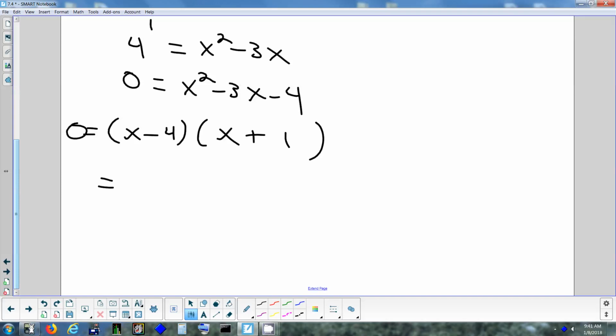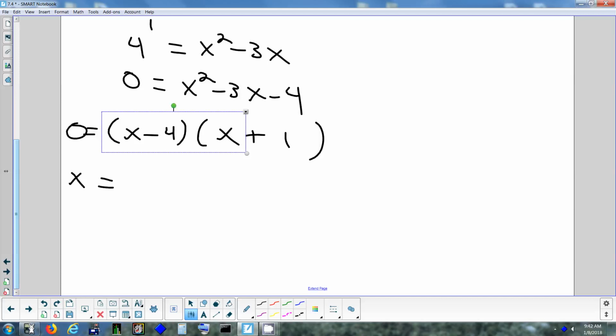How about Connor? What value of x would make the first factor 0? Well, let's check it. Does 0 minus 4 give me 0?